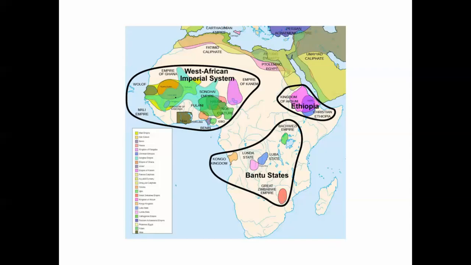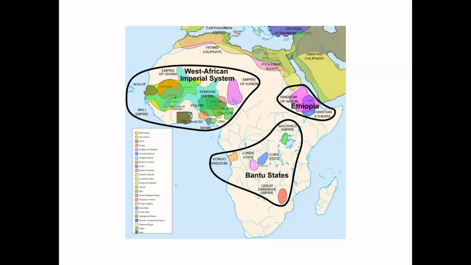All right, so move forward 1,000 years, and what we see throughout the African continent are a number of major regions of empire. The West African imperial system, most notably in kind of my thinking, is the Wolof and Malian regions, but the Songhai Empire as well, incredibly important, incredibly diverse trading systems.